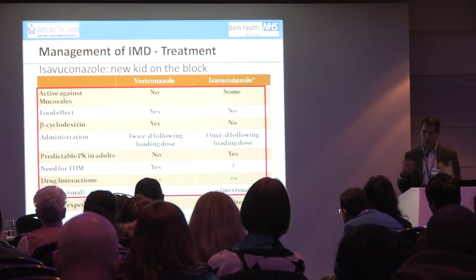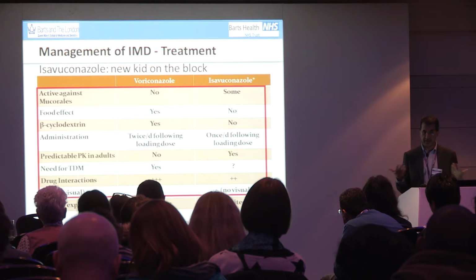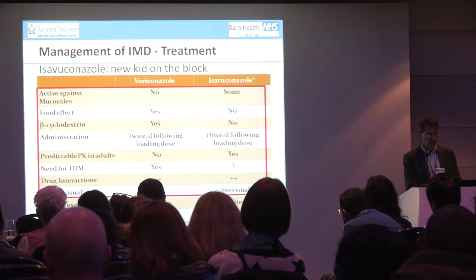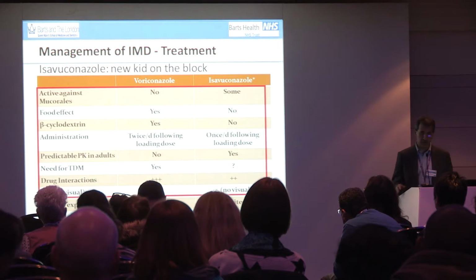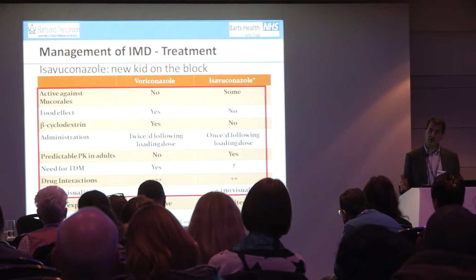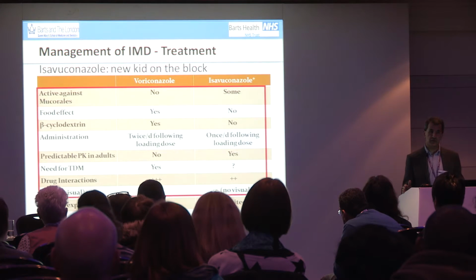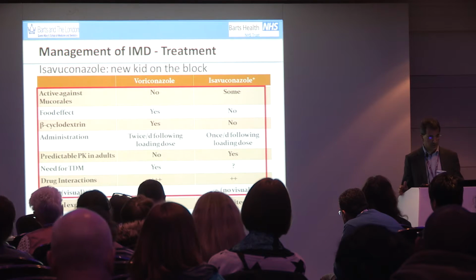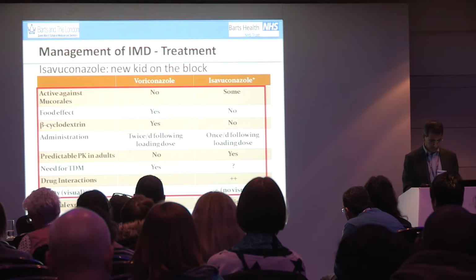The bioavailability of isavuconazole is better than voriconazole. If you're using the intravenous formulations of these drugs, then isavuconazole does not contain cyclodextrin, which is an issue in patients with renal impairment if you're using voriconazole, and so forth.